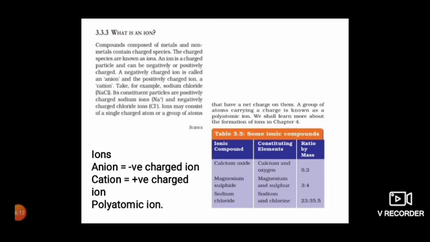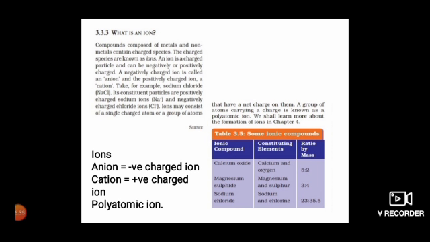Now, what is an ion? In this session, we need to know what an ion is. Charged species are known as ions. Now, what is an anion? If the charge is negative, then such a charged species is known as an anion. If the charge is positive, then that is a cation.